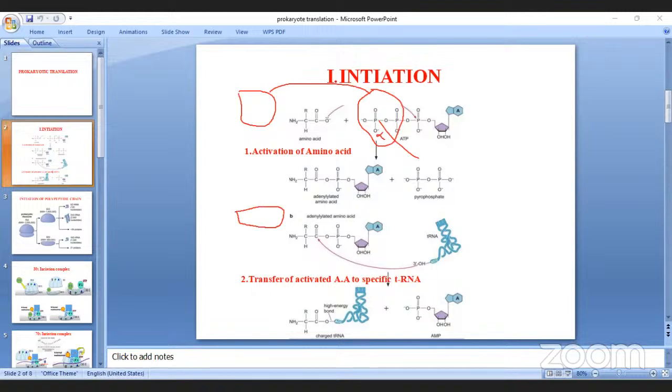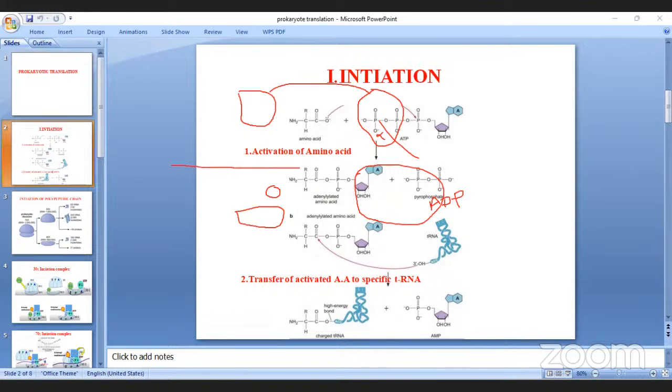The same amino acid carboxylic group is now bonded with phosphate. Now this phosphate group transfers to the amino acid. As a result, only two phosphates are formed, that is called pyrophosphate, diphosphate, ADP. Here the ATP is converted into ADP because one phosphate group is transferred to the amino acid. Now this amino acid is activated. So that is the activation of amino acid.